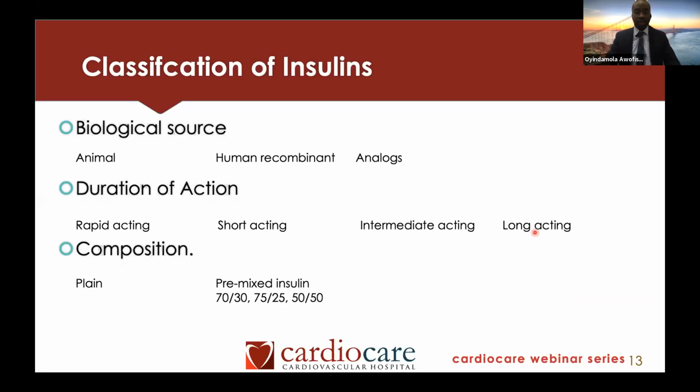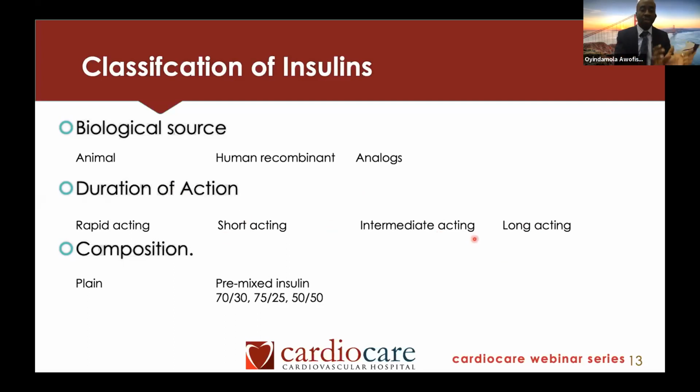Insulins can also be classified as either plain insulins or insulin that have been mixed already. The mixed insulins usually are a combination of either short-acting insulin and intermediate-acting insulin, or rapid-acting insulin and long-acting insulin.